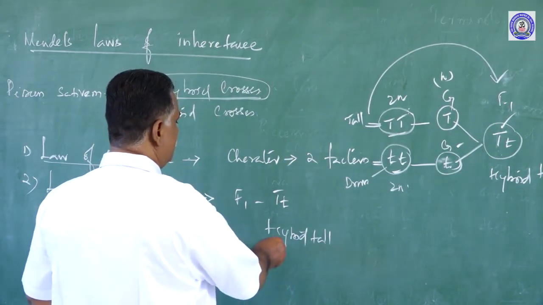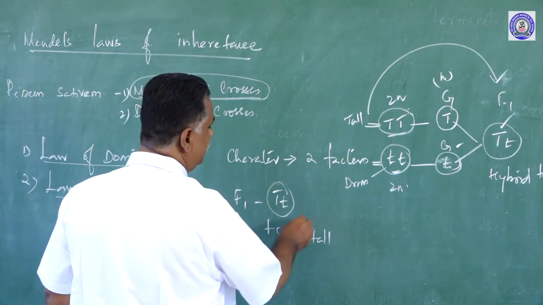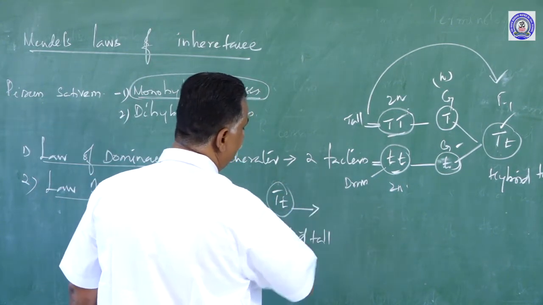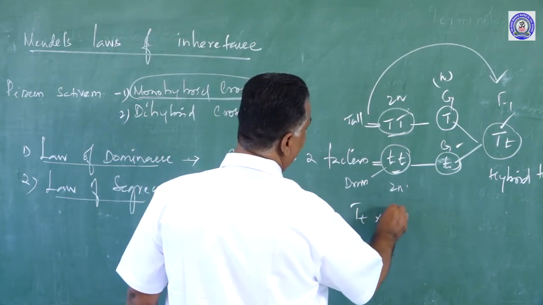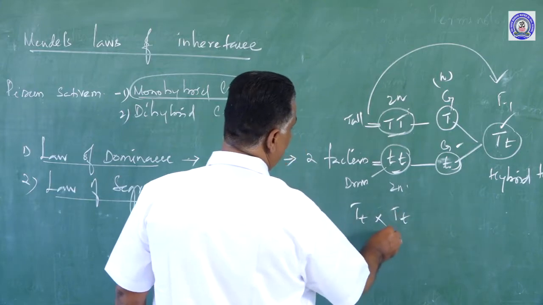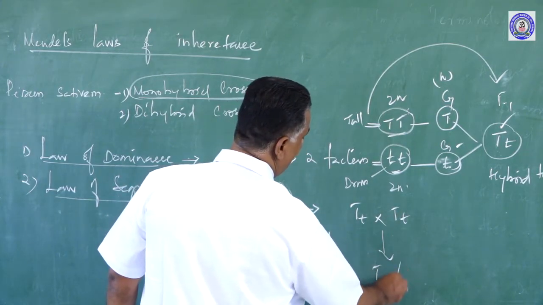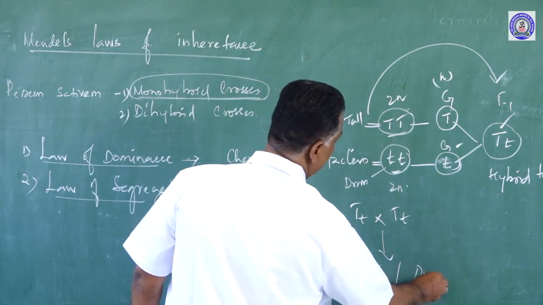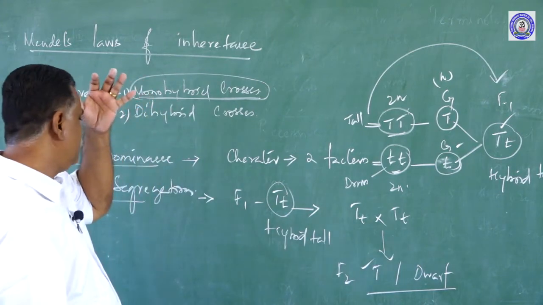But see, in the F1 generation, the tall hybrid, when it is selfed, capital T and capital T, capital T and small t, in the F2 generation, tall plant and dwarf plant both are found.